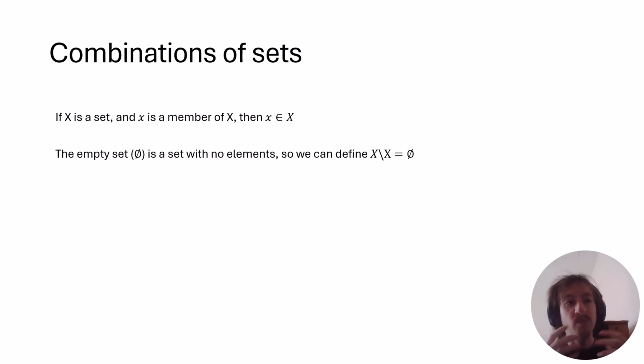Now you might wonder, why invent the idea of an empty set? What is the point of a list with no items in it? Well, it's important because the empty set plays a similar role to the idea of zero in standard arithmetic.